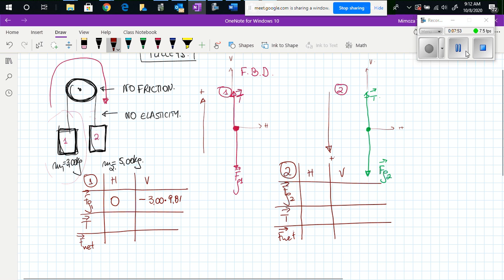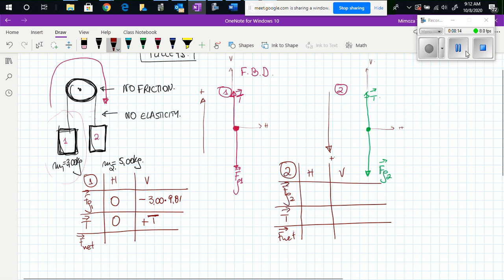And for the tension, since it is perpendicular to the horizontal, the horizontal component is equal to 0, and the vertical component of the tension is positive because it is in the same direction as the positive vertical axis, so it is positive T.